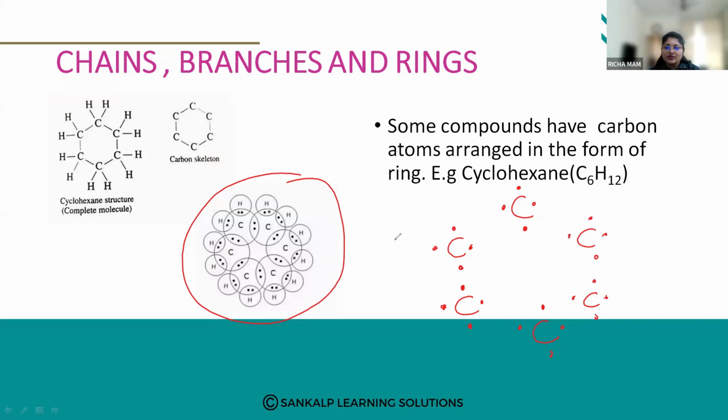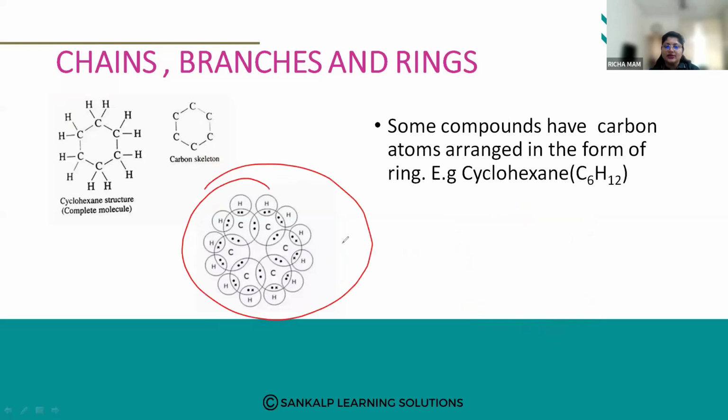Then again hydrogens, each hydrogen. So this is the possible electron dot structure.